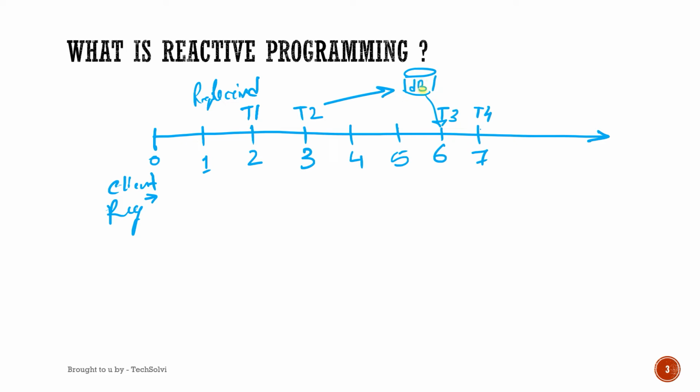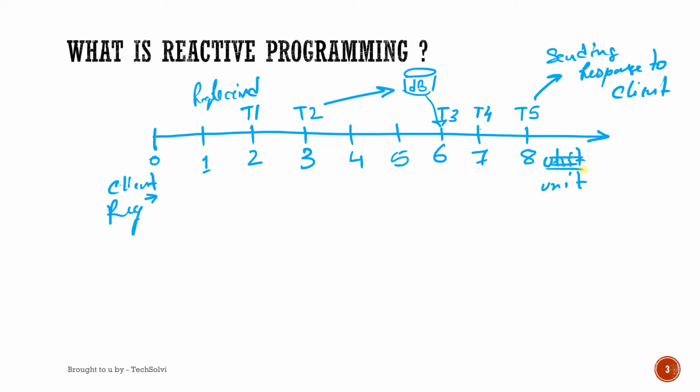And at time equals 8, we will do the next task, task 5, that is sending out a response to the client. So this is the timeline of executing one request from the client. It takes 8 units of time.